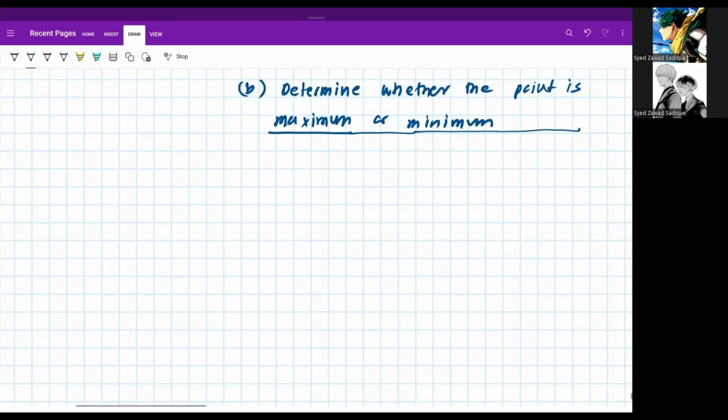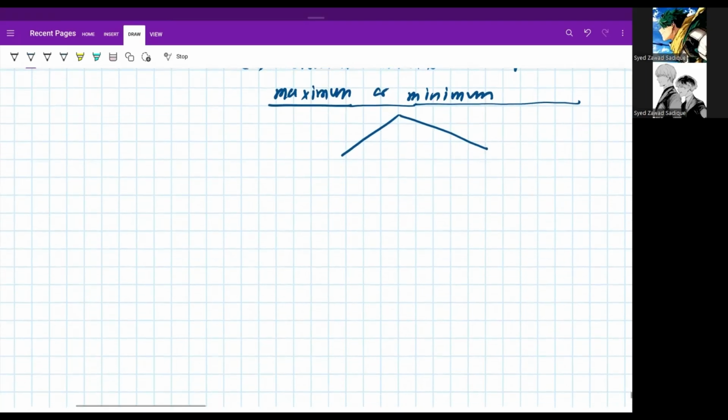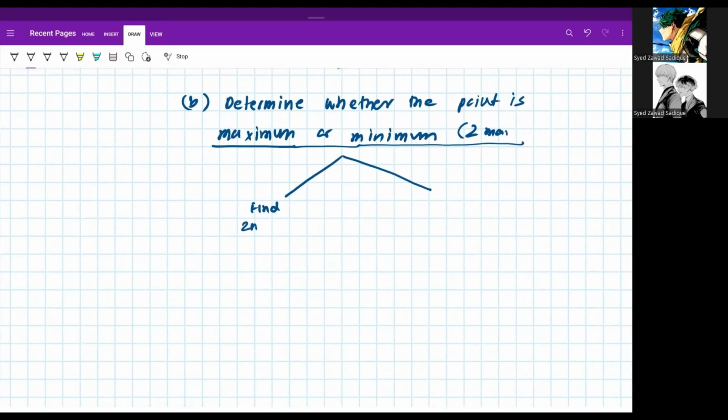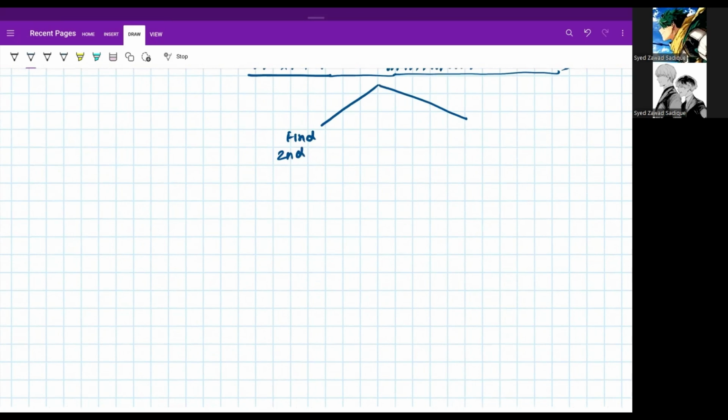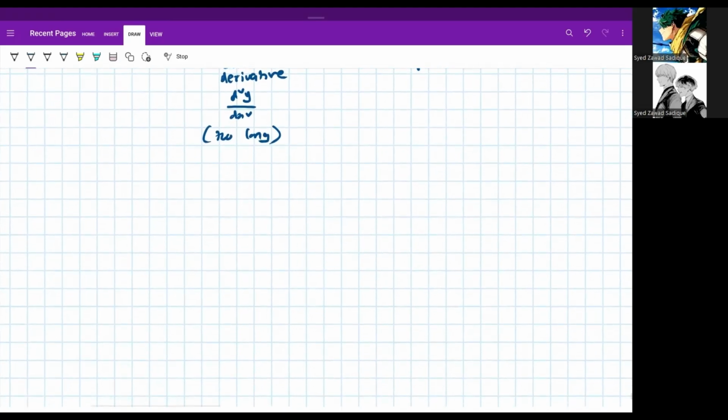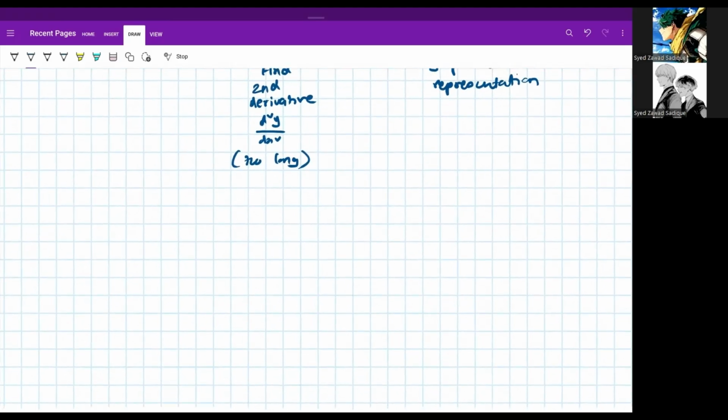So, two options. Oh, this is 2 marks. Let's say for 2 marks. So what you can do, you can find the second derivative, which is d square y by dx square, or graphical representation. Too long. So I'm going to show you guys the graphical representation.